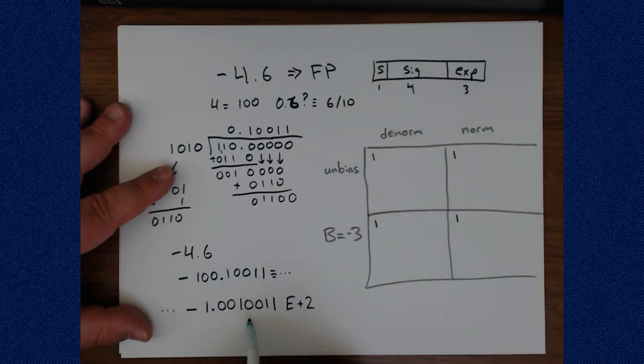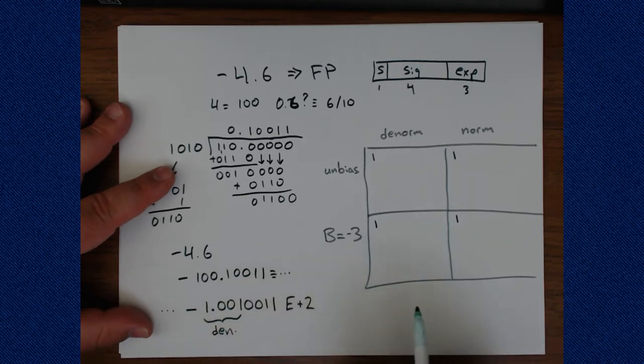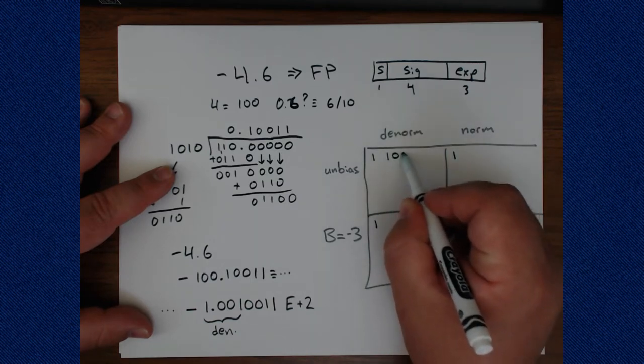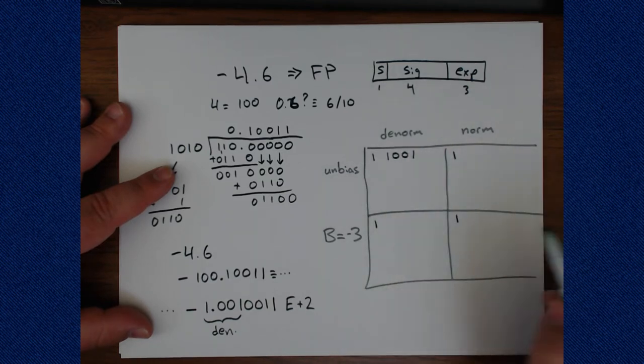So since this is our pattern, we're going to only focus on those 4 bits. 1.001, and that's for the denormalized, right? So that means we're going to have 1, 0, 0, 1 as those 4 bits.